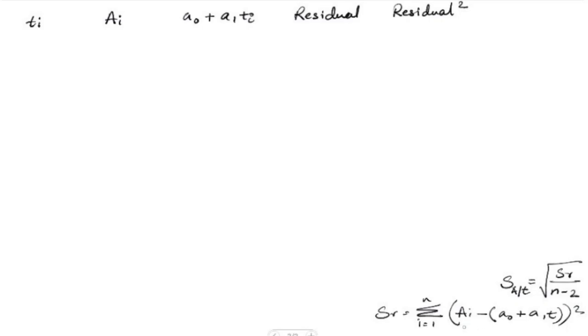So we'll take these values here, square each, and take the total sum, and we'll get S sub r. So that's why we need to work on our a0 plus a1 times t values here, and then the residual, which is ai minus a0 plus a1 times ti. So this entire thing is the residual, and then the residual squared is when you do the square also, right?